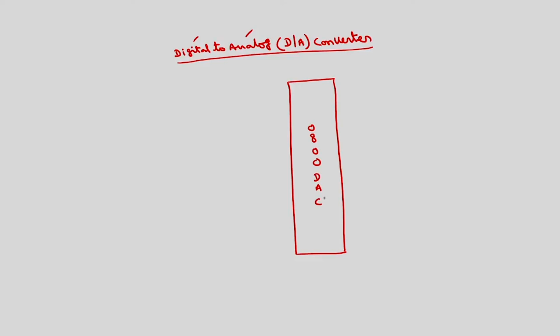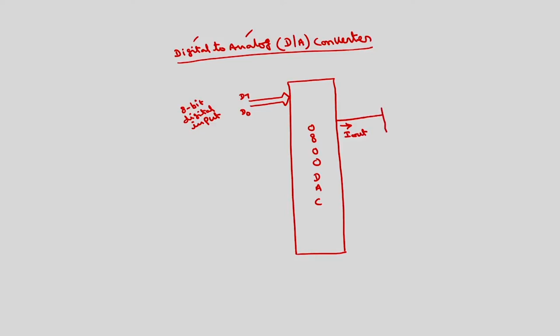So the 16 pins of this D to A converter are, we will be having 8 bit, this is an 8 bit DAC, so 8 bit digital input, D7 to D0. The output will be current rather than voltage. This is current I out. This I out is proportional to the digital value.